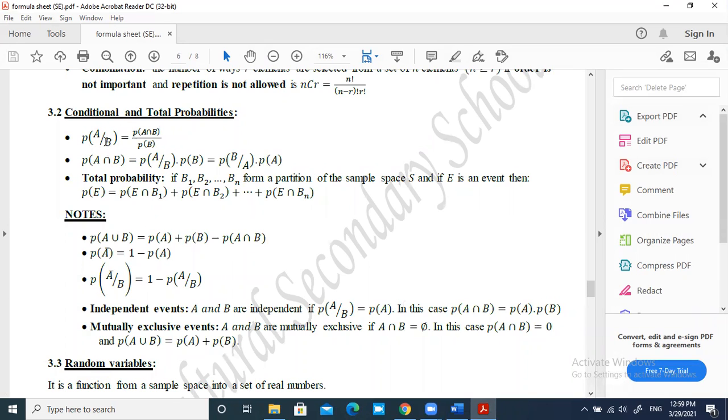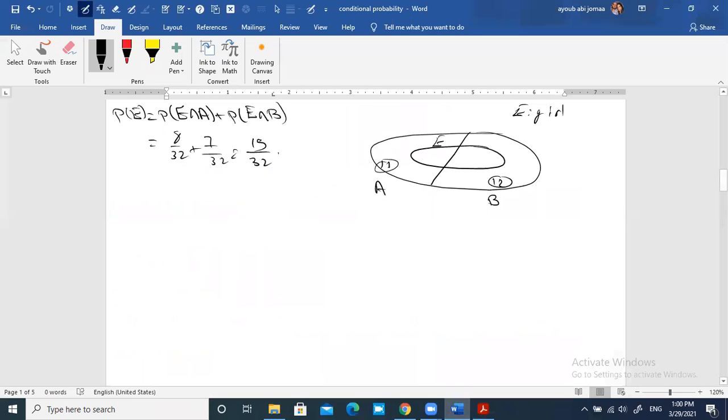We talked about conditional probability, the meaning, the rule. Probability of A given that B is probability of A intersection B over probability of B. For intersection, we have two rules: A given that B times B, or B given that A times A. The total probability: if B1, B2, up to Bn is a partition of the sample space, and E is any event, then probability of E, we divide it into parts: E intersection the first one, E intersection the second one, E intersection the third, and so on, and we add them. This is the same idea we are talking about.